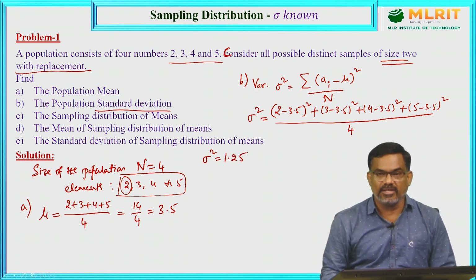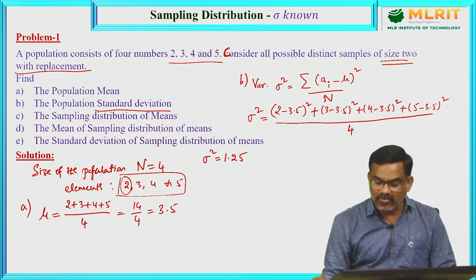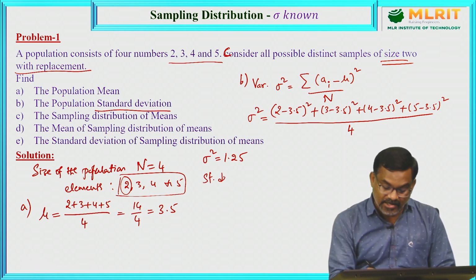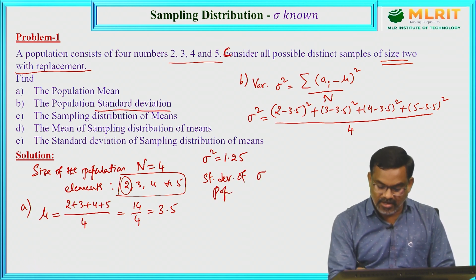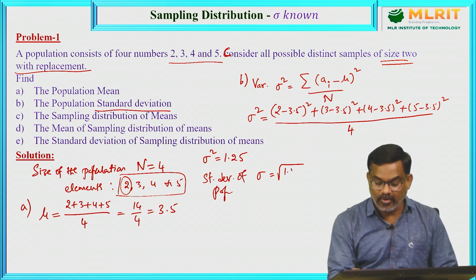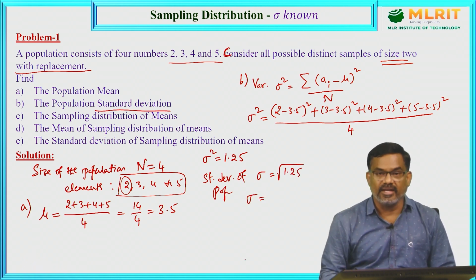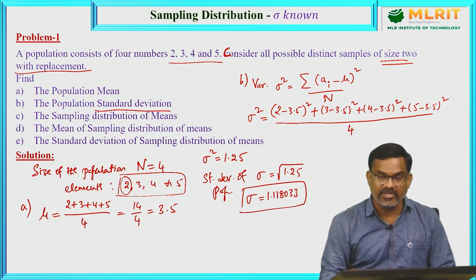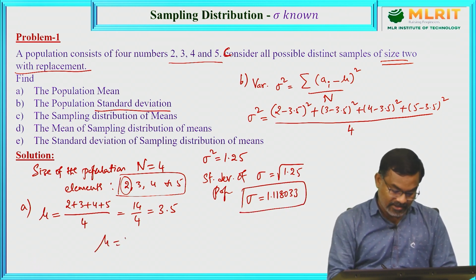So sigma square is 1.25. Now after getting this variance, the standard deviation of the population is sigma equals the positive square root of 1.25, which is 1.118033. So this is the standard deviation of the population and the mean is 3.5.